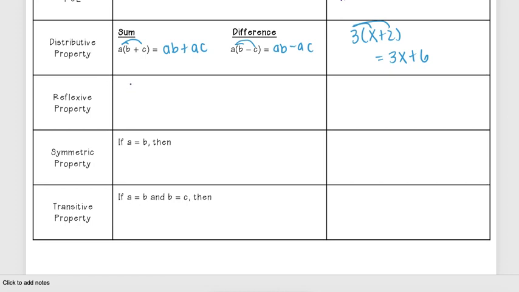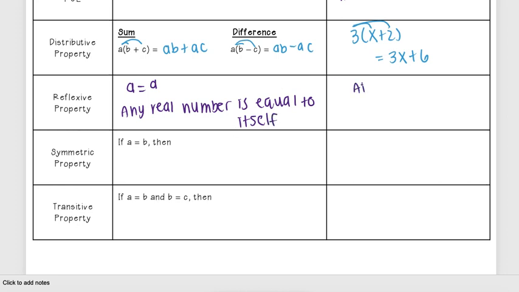Reflexive property, that just tells me that something is equal to itself. So any real number is equal to itself. So for example, I can have that the length AB is equal to AB.